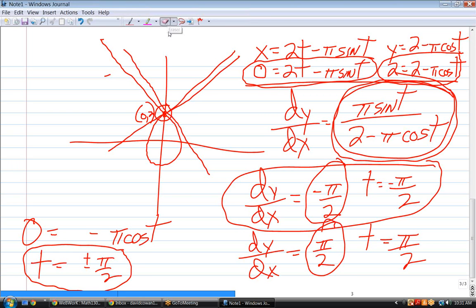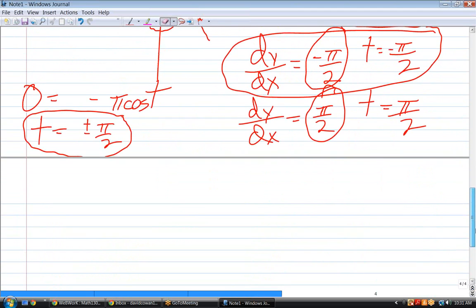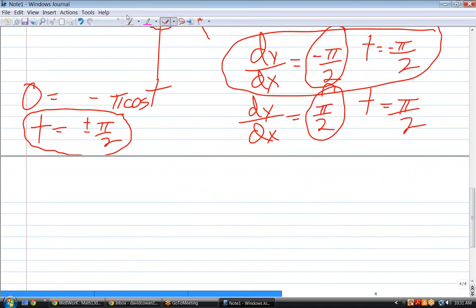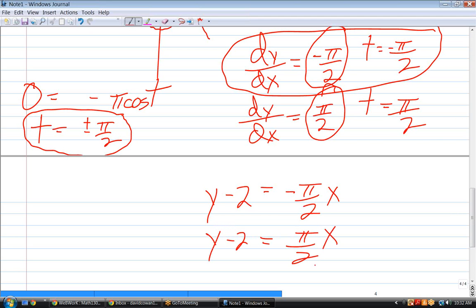And the next step is to use the point slope formula. Since I have the slopes of my tangent line, well, I know that the point slope formula says y minus 2 equals minus pi over 2 x, and y minus 2 equals plus pi over 2 x.